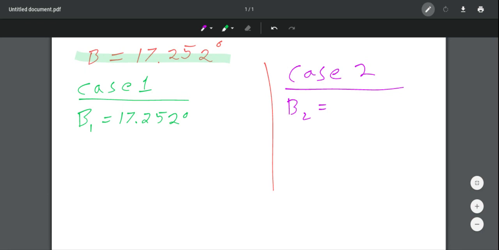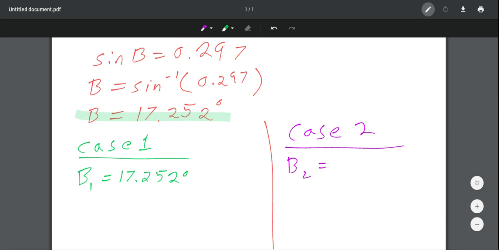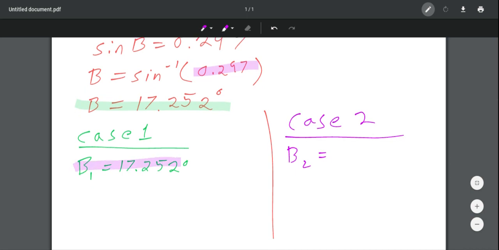Now, how do we find what B2 could possibly be? Well, we have to remember that sine is positive. If we look at this, we're finding the sine of a positive value, 0.297. Sine is positive in quadrant 1 and quadrant 2. So the other value that would have a sine value of 0.297 would be the supplement of B1.